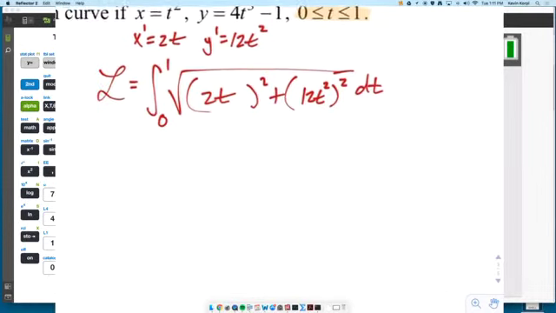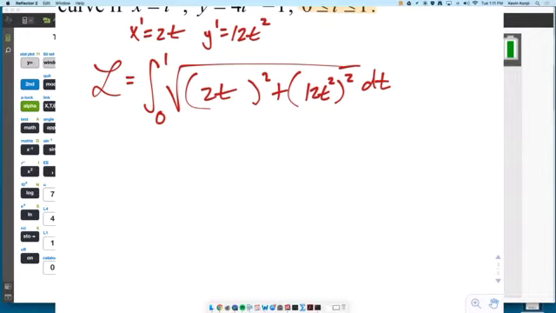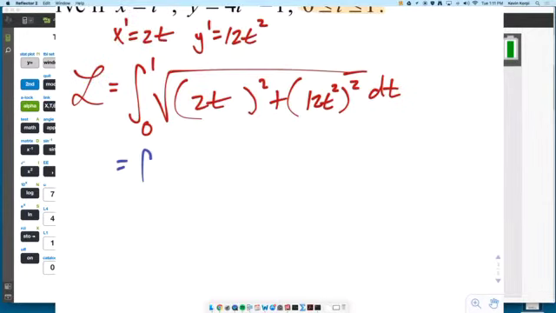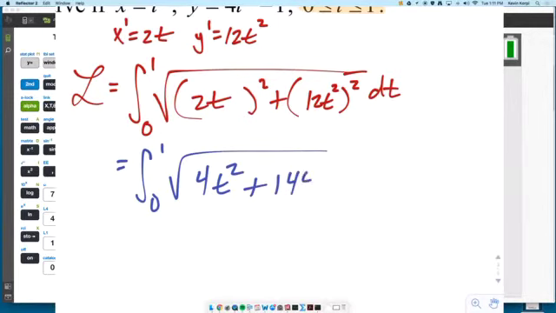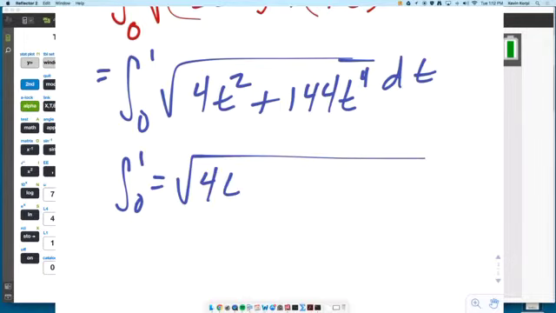Now, it's said without a calculator. So just like with rectangular arc length, this should simplify down to something that's manageable. Let's see what we get. We get 4t squared plus 144t to the fourth. And what do you notice I can factor out from each of those under the radical? A 4t squared, good.